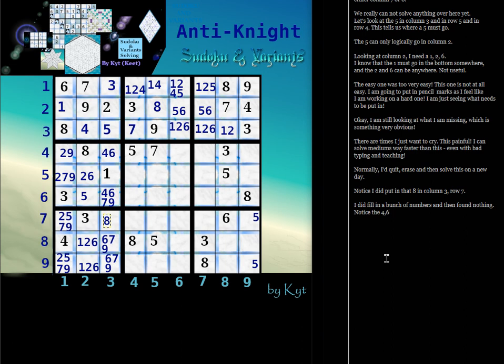Notice the 4-6 combo in row 4. Because they're alternate rows, we cannot put 8 or 9 there. So 1, 2, 4, 6, 9 for row 4.